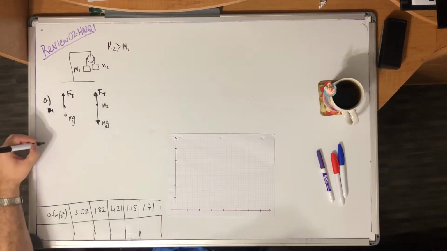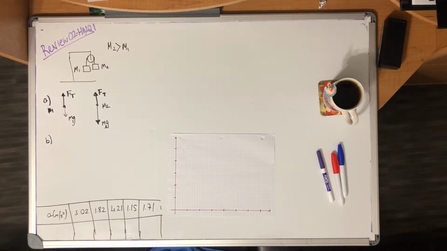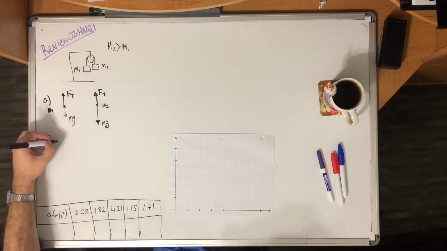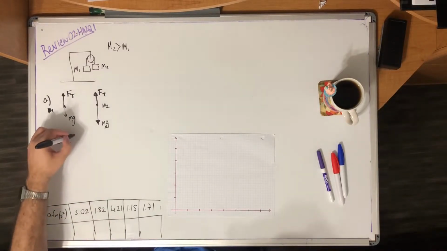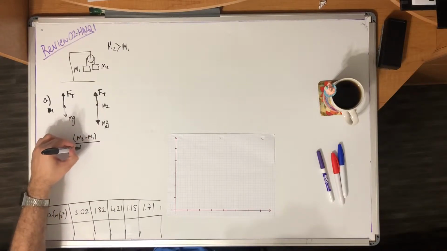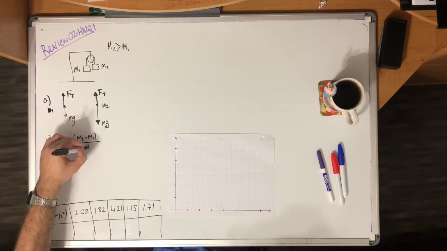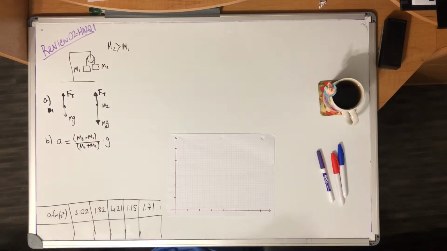And that's part A. In part B, they're asking you to prove that a equals (M2 minus M1) divided by (M1 plus M2) times g. So they want you to prove that this is the way that it should be.